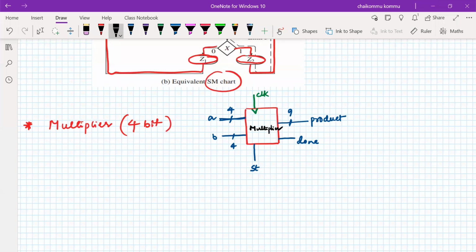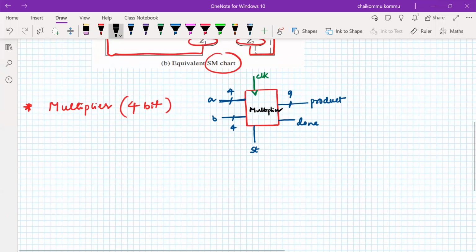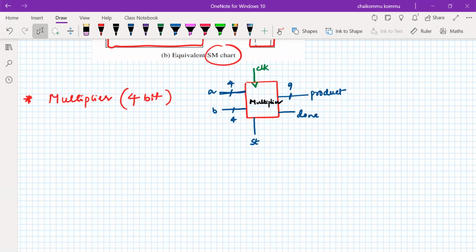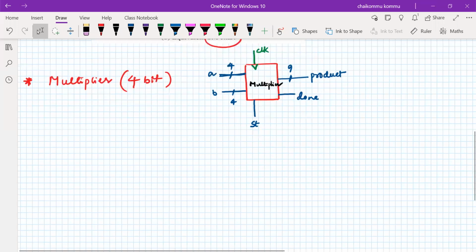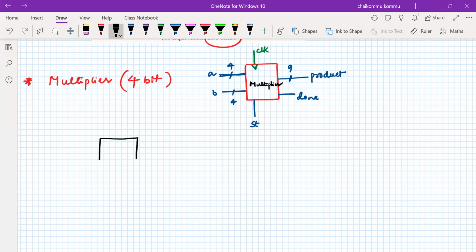Now, how do we look at this multiplier? Generally, whenever we want to realize this multiplier, people will use one essential method: convert this entire digital system into a control path and a data path.